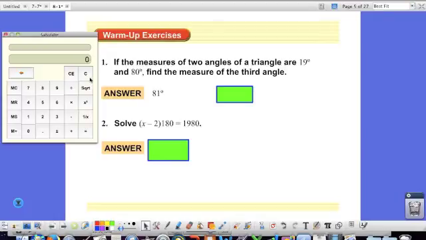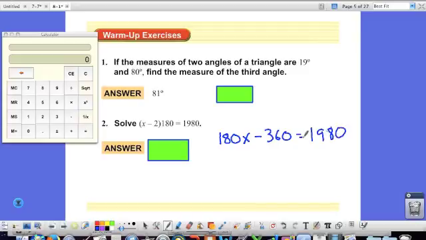And solve this problem. You're going to multiply 180 by both, distributing it. So 180x minus 2 times 180, which is 360, equals 1,980. You're going to add 360 to both sides.